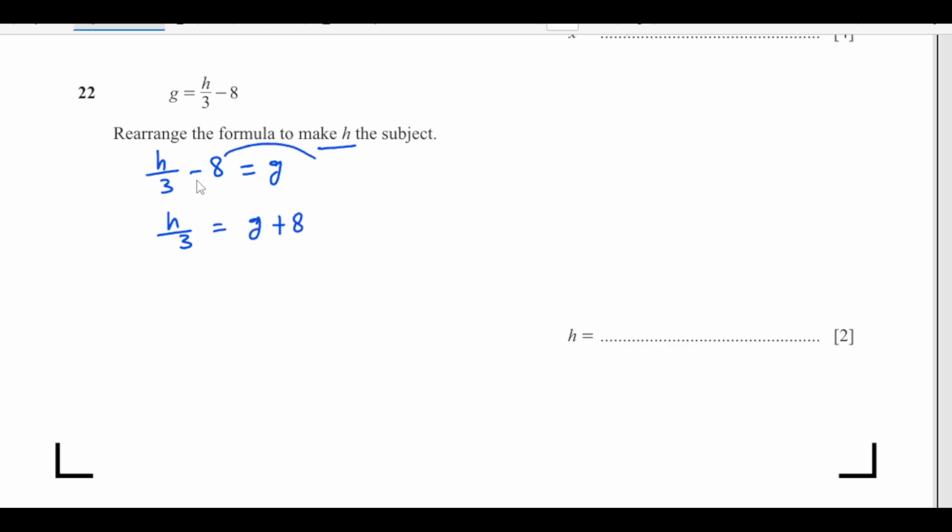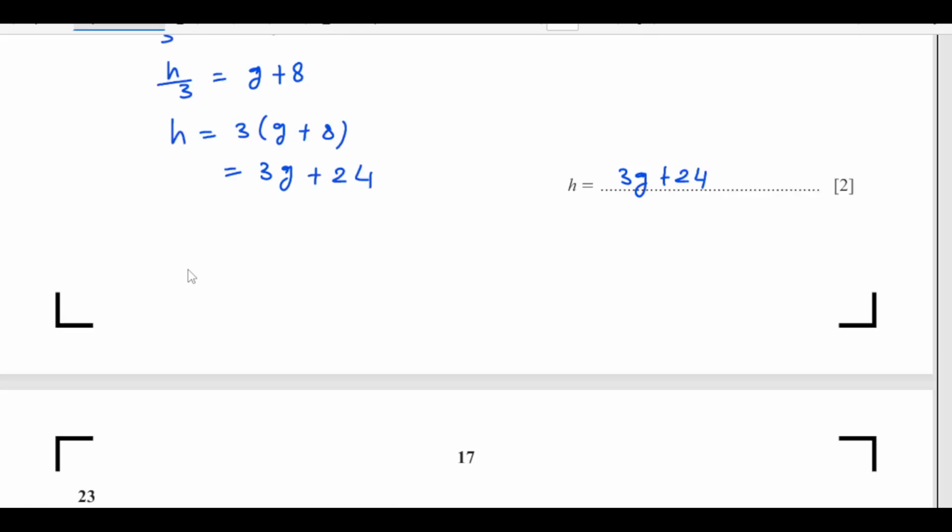Shift one by one whatever you have on the other side. So, h is going to be 3 times g plus 8, right. Now, you expand the bracket, 3g, 8 times 3 is 24. So, 3g plus 24. Okay.